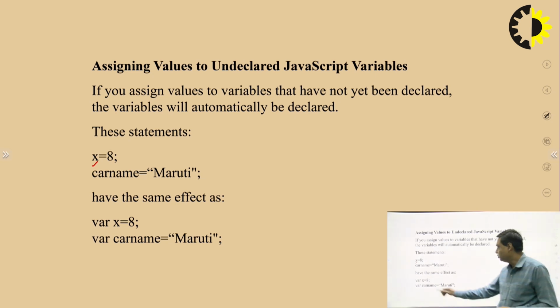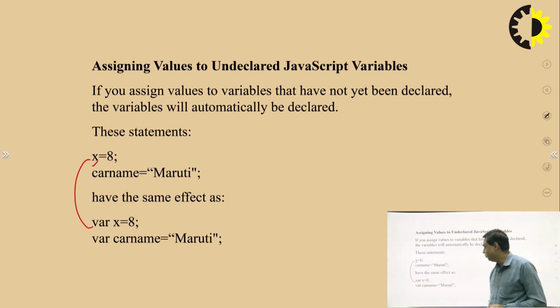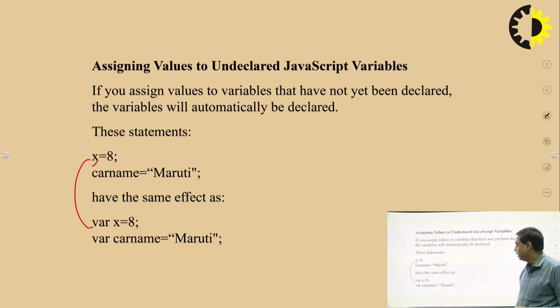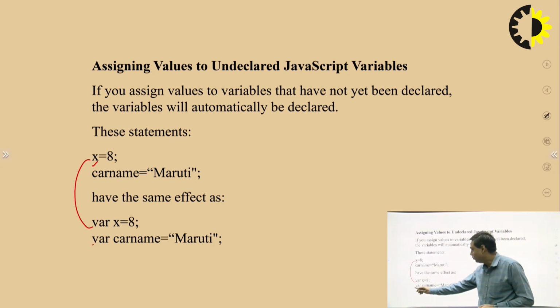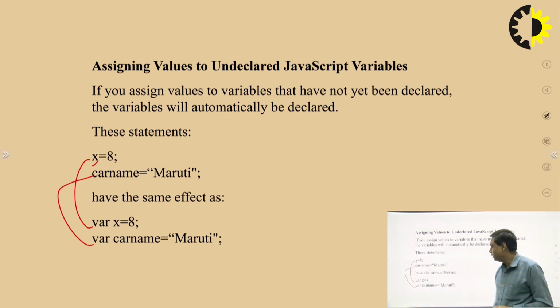It is similar to defining it the same way as var x equal to 8. Similarly, we have a second variable carname and the value of this carname is Maruti. It is the value which is given to the variable carname, and you can define it with the help of the var keyword also. So both statements are the same.